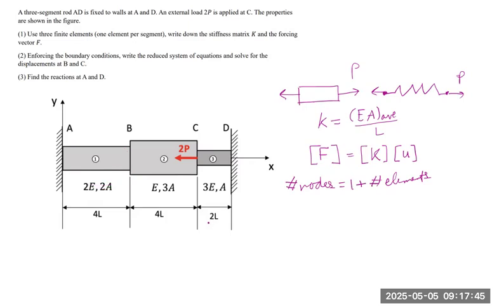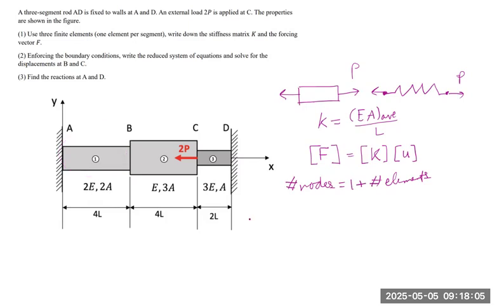Now, it is possible that you have a problem where they ask you to use, for instance, four finite elements, where it's not necessarily that one distinct segment as observed in the graph is going to be one element.